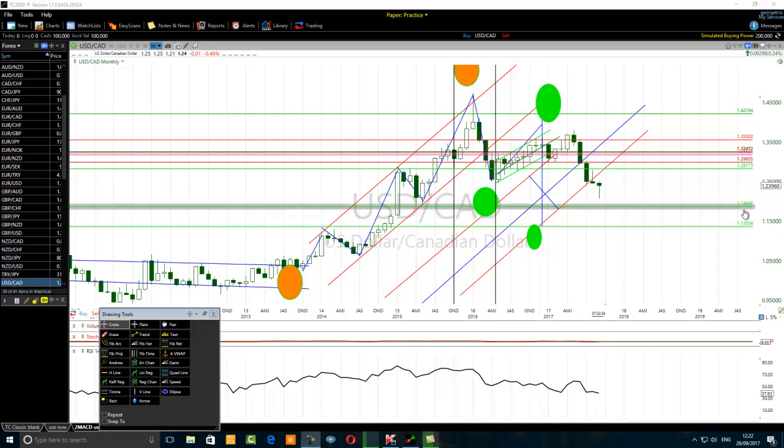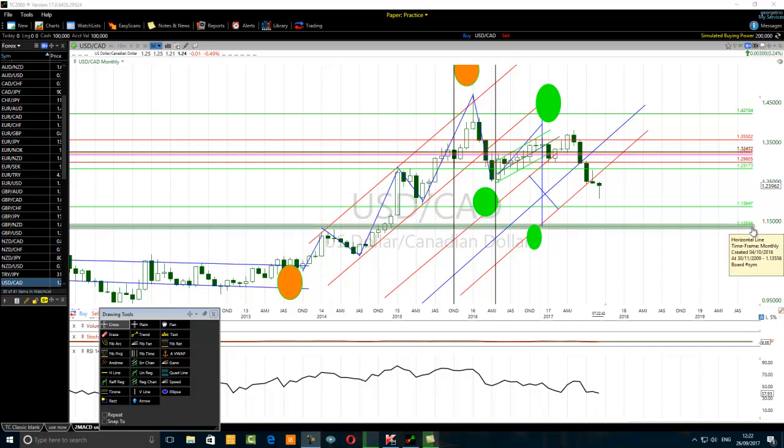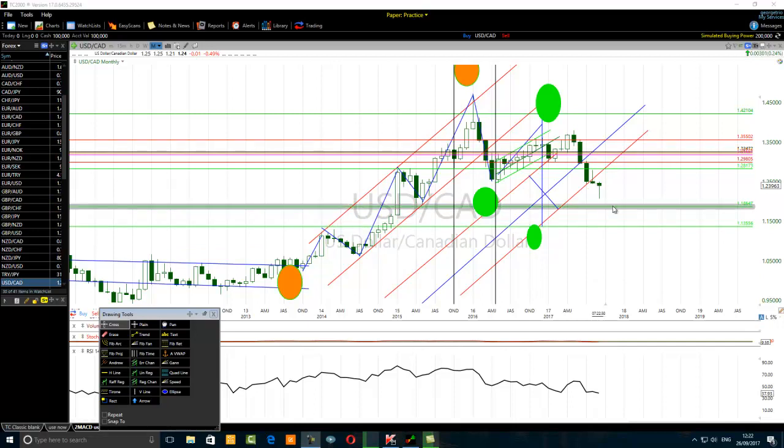So draw it on your chart, 1.18647, and the level of 1.13556. So if we see any bullish trading setup near one of those two key levels, we will be happy to trade them.